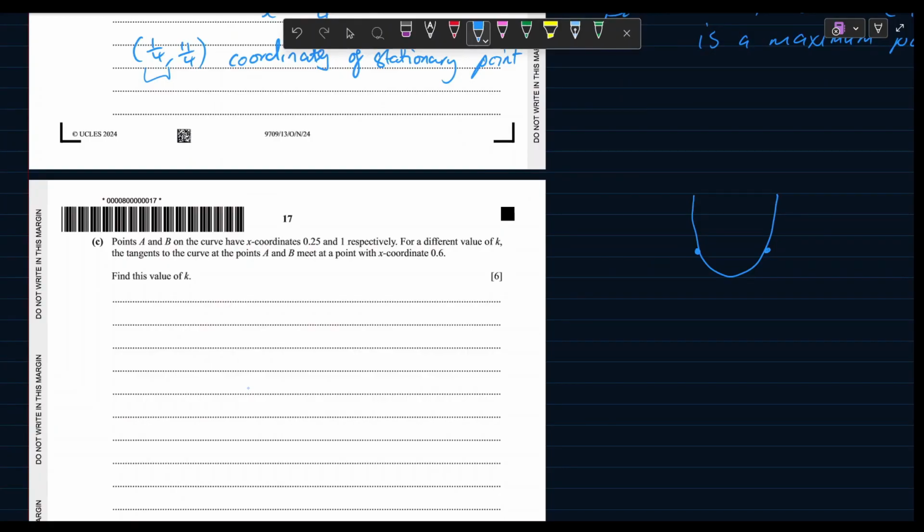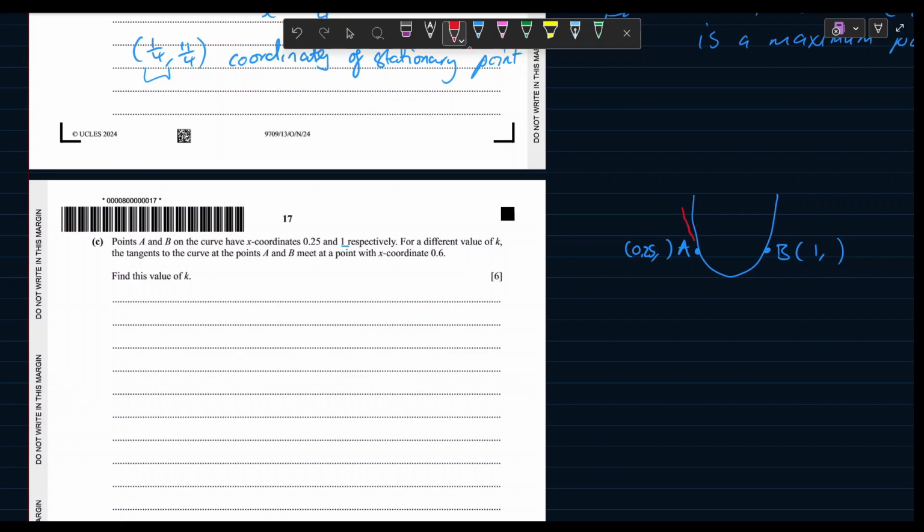We know that at the point A, our x coordinate is 0.25. Right? This is what we know so far. And then at point B, our x coordinate is 1. That's what we know so far. All right. And then we've got tangents at these points, right?